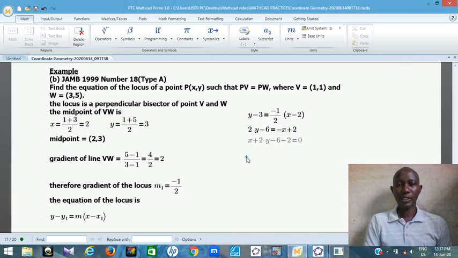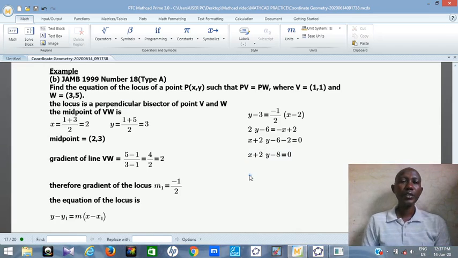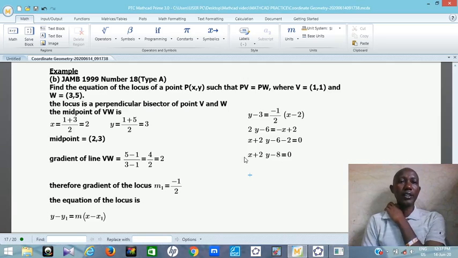The final answer is x plus 2y minus 6. Sorry, minus 6 minus 2 is minus 8. Minus 8 equals to 0. So this is the equation of the locus that has a particular point P which has equal distances PV and PW.